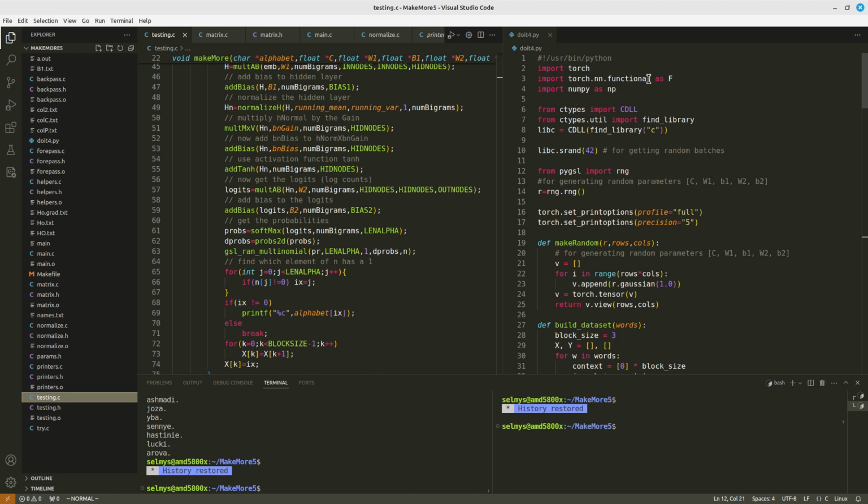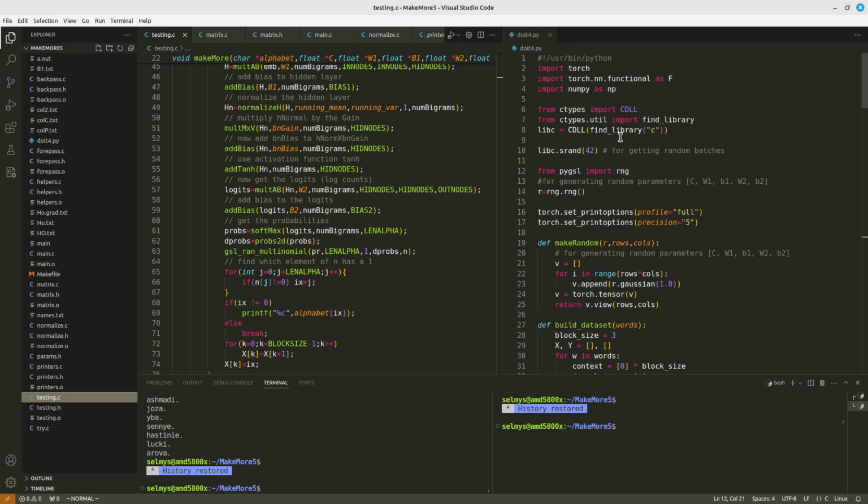Again, you can see we import torch. I also use NumPy a little bit in a few places. I'm also using again the C library for generating my inputs, which are the bigrams.